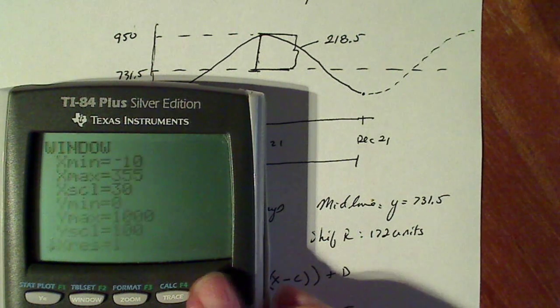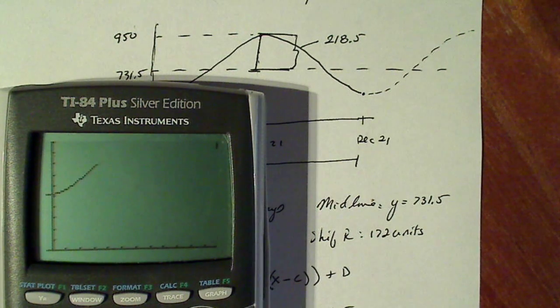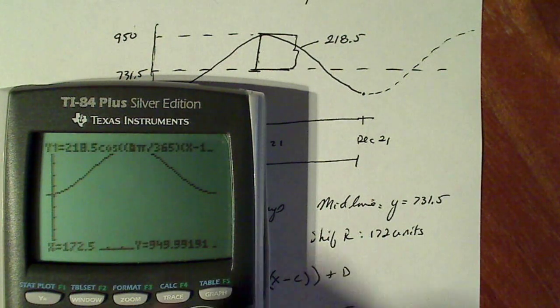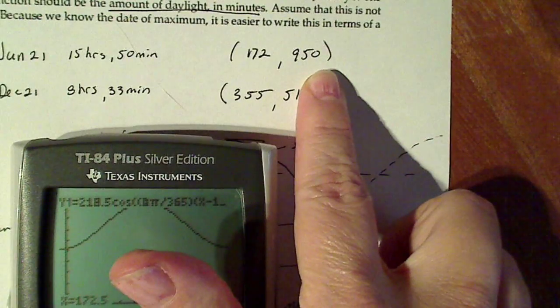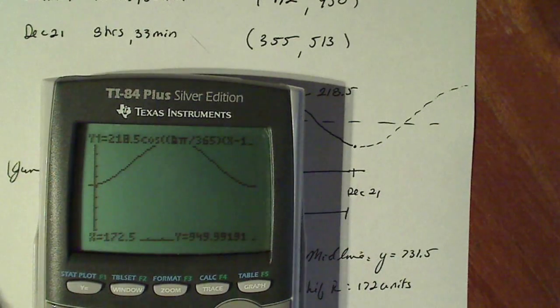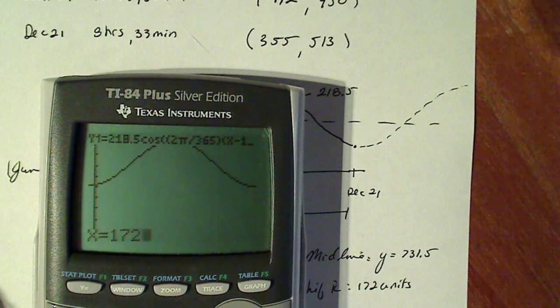So now let's graph it. Here it comes. Looks pretty good. All right, so let's test it. If I hit the trace key, I should be able to type in 172 and my output should be 950. So 172, and look, I get 950.